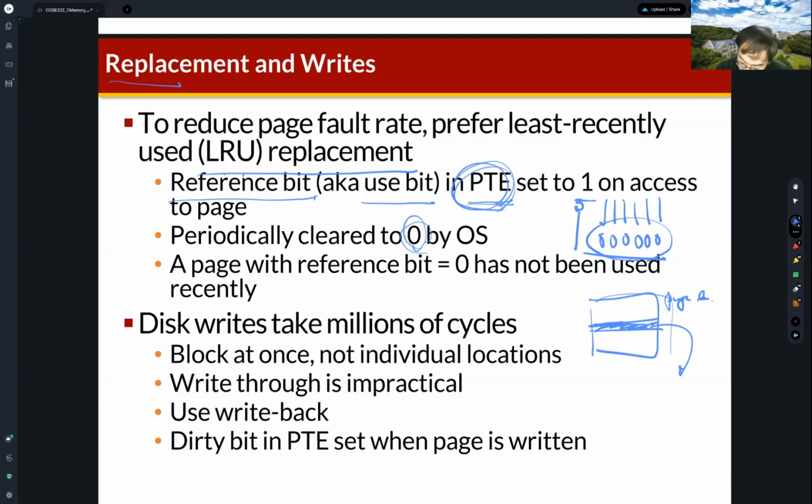Then if replacement is required and the reference bit of a page is 0, this page is selected. So this is the simplified way to apply an LRU-like policy.